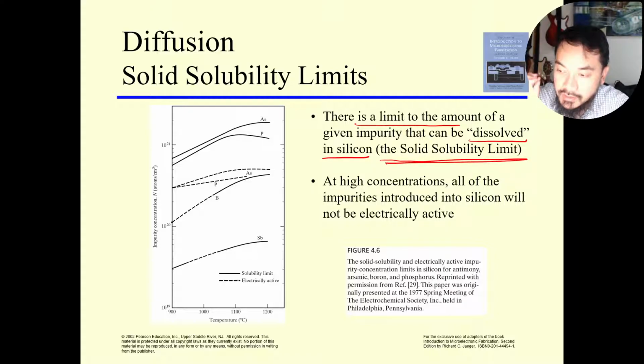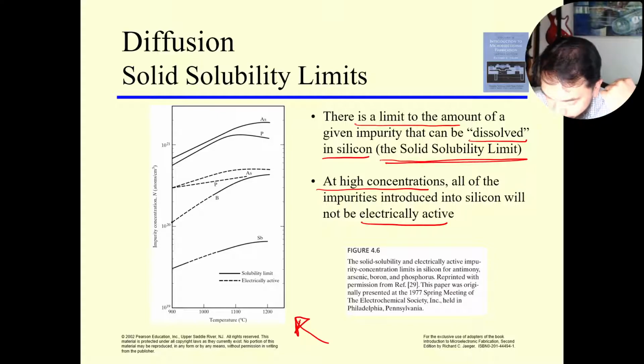If you add additional impurity atoms to silicon beyond the solid solubility limit, you will not change the electronic properties of the wafer anymore. There's no change in the conductivity and whatnot. So those extra impurity atoms are basically useless. They will not be electrically active. At high concentration, not all of the impurity introduced into the silicon will be electrically active, so it will not contribute extra electrons or holes to your wafer.